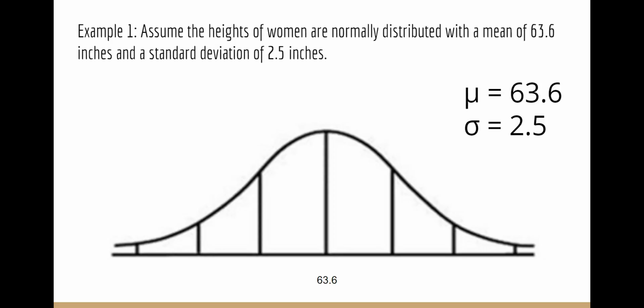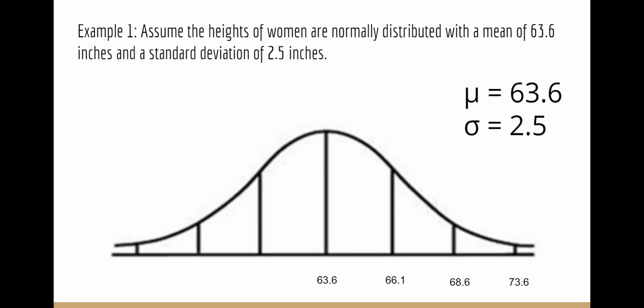To find one standard deviation above the mean, I'm going to add 2.5 to 63.6, and I'll get 66.1. And then I'm just going to keep adding 2.5 to get to the next standard deviation above the mean.